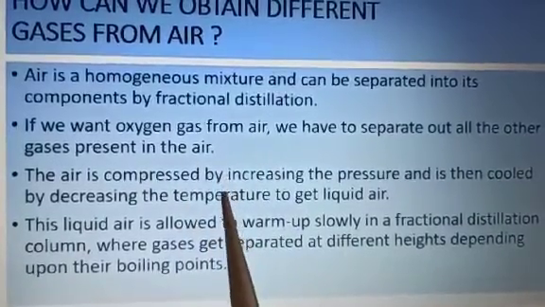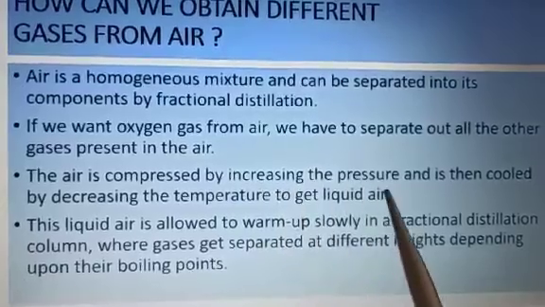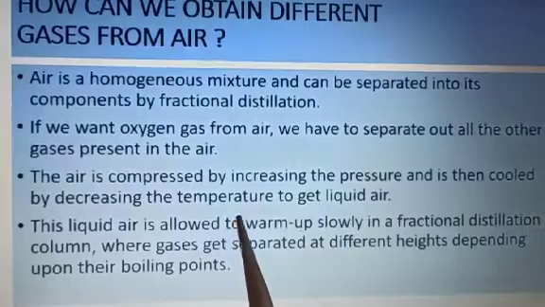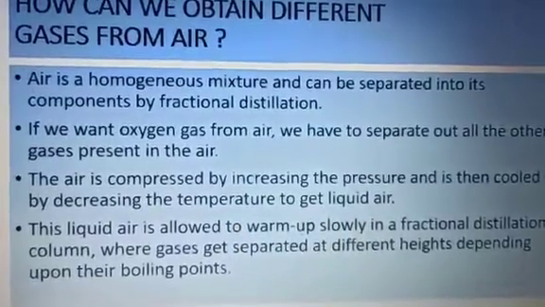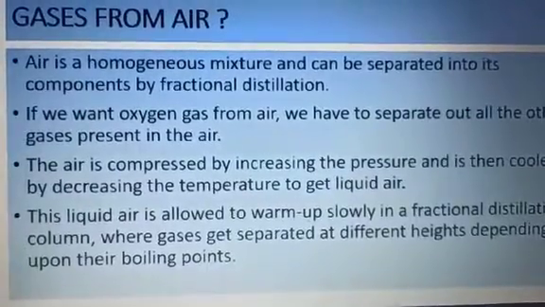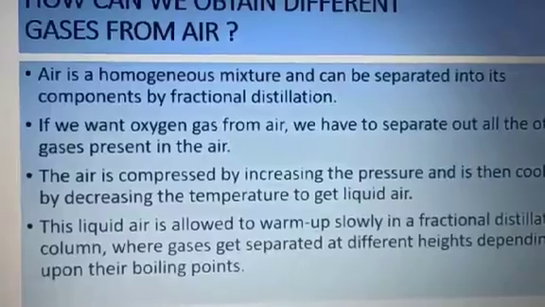in the air. And the air is compressed by increasing the pressure and is then cooled by decreasing the temperature to get liquid air. So this is the process which has to be followed when you are separating the gases from air.